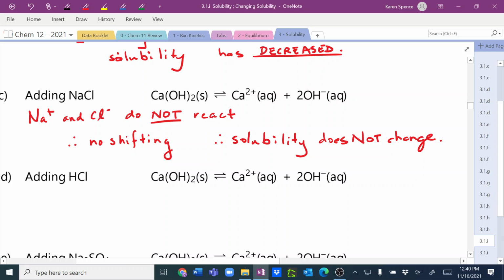What if we add HCl? Yeah, the OH reacts with the hydrogen. Okay, so we get H+ plus OH- gives us H2O, and therefore our stress, what is our stress?